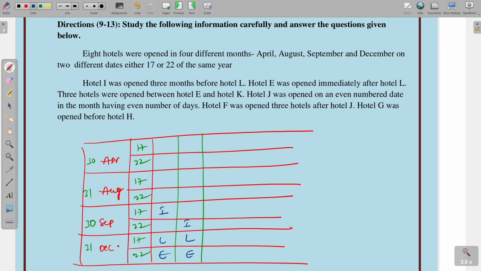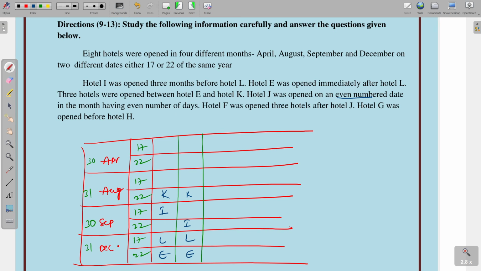Two possibilities. 3 hotels were opened between E and Hotel K. So E and Hotel K, here also 3 persons.